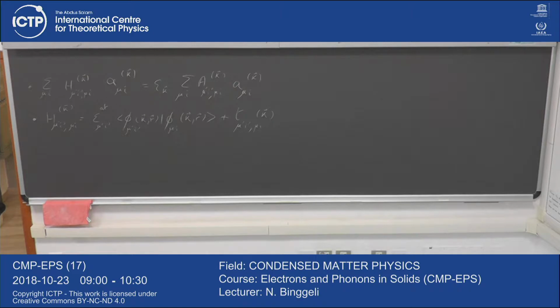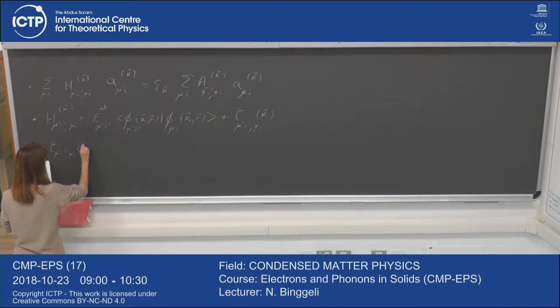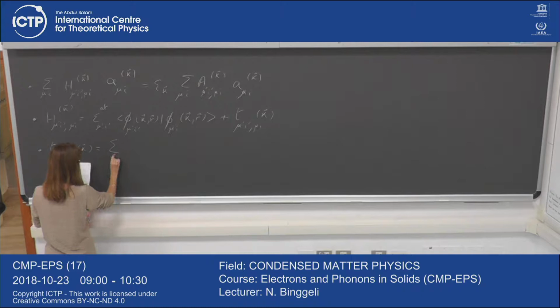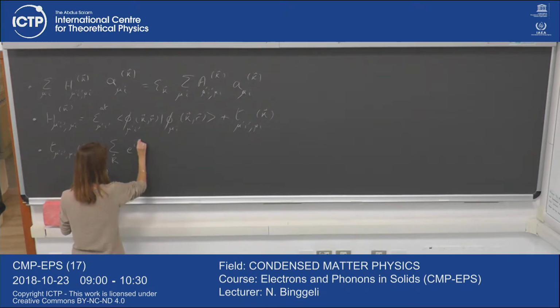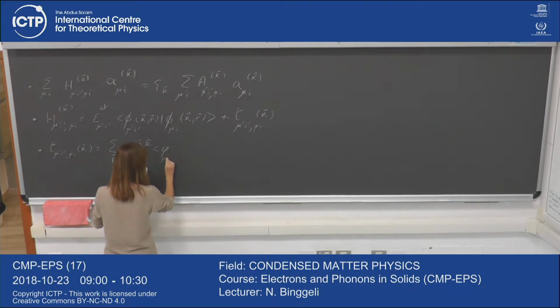This is the H, and we had for this hopping term T mu prime I prime mu I k is equal to the sum over the lattice vectors exponential i k R and the matrix element between the atomic orbitals.